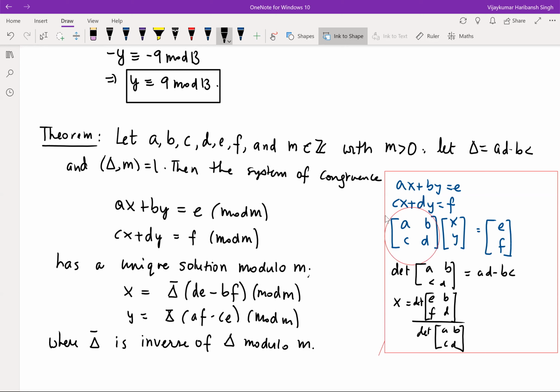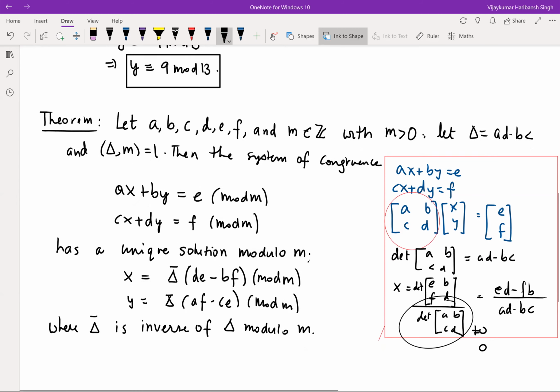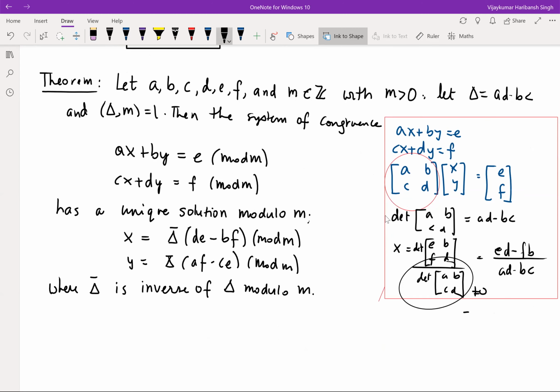Now, of course, for this solution to exist, this should be non-zero. And what do you get? You get (ED minus FB) divided by (AD minus BC), or in other words, you had (AD minus BC) inverse times (ED minus FB). So you see, they look very similar.